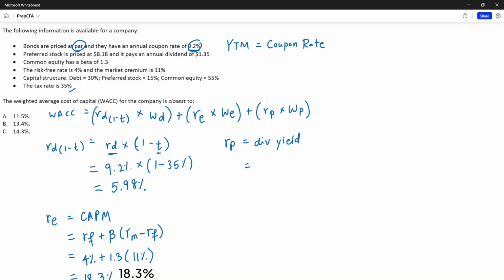So the way we calculate dividend yield is 1.35, which is the dividend, divided by the price of the preferred stock, which is 8.18. And we get the answer, which is 16.5%.